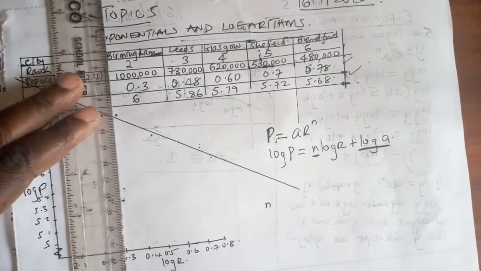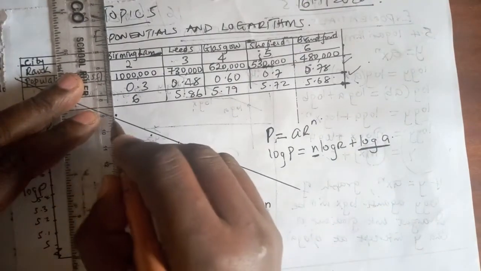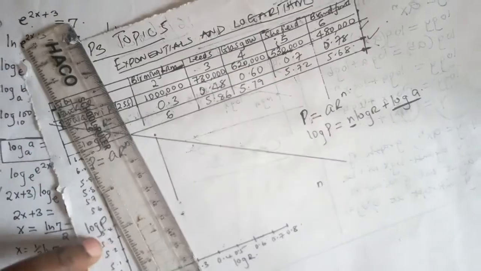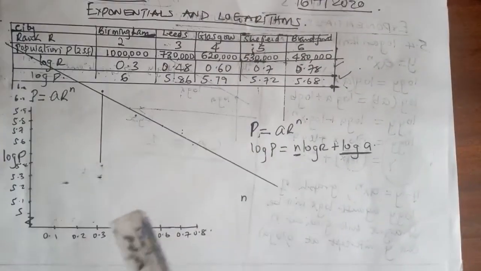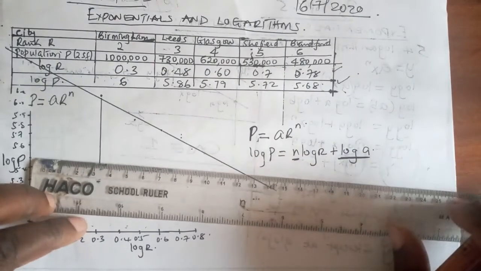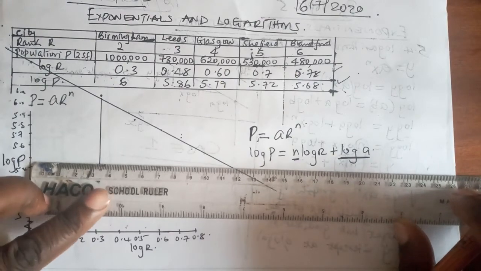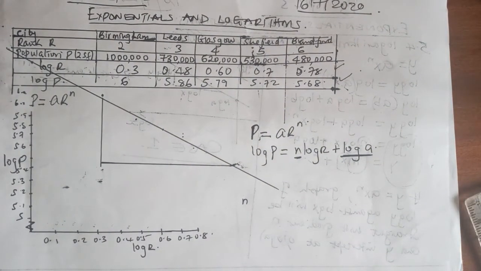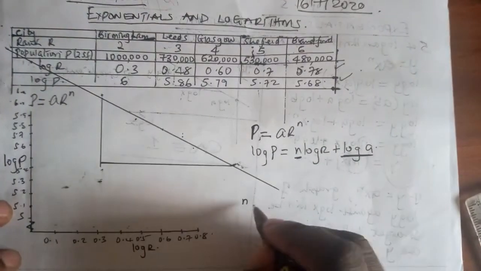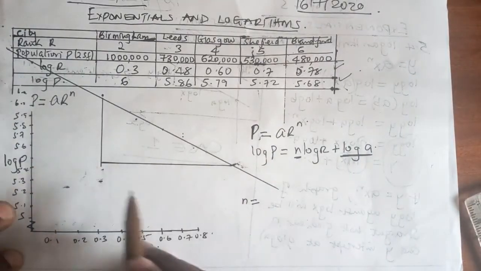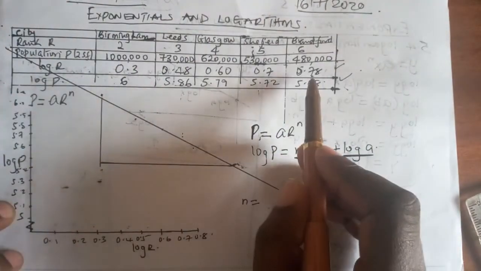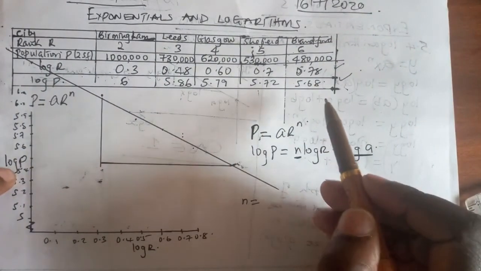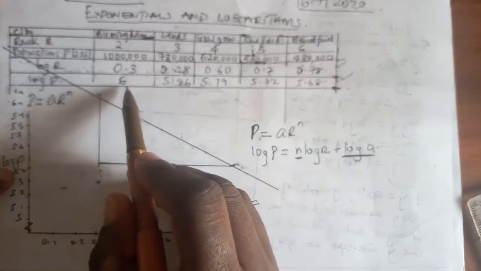So what is N? If we want to calculate our value of N, we may have a triangle that looks like that. With this, we are going to calculate the gradient, whereby the change in y over the change in x gives us the gradient. So N is the change in y, and you can just use the first and the last points.